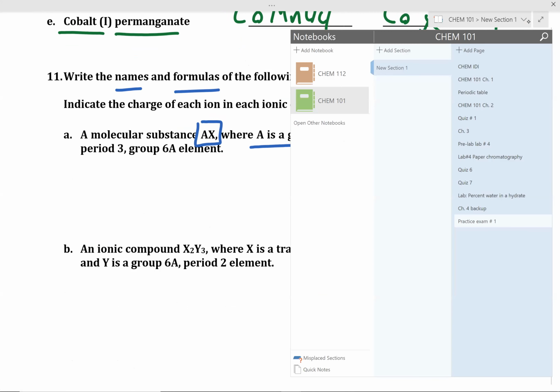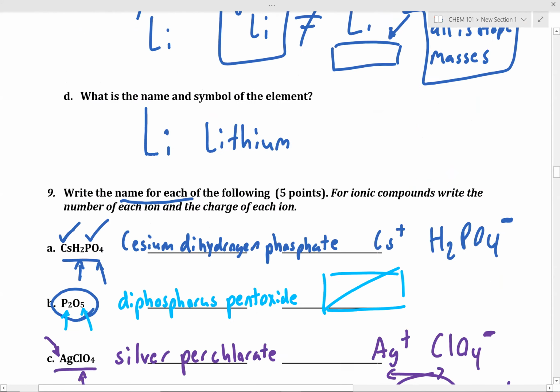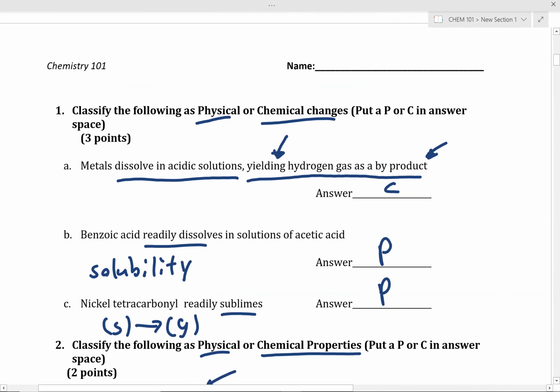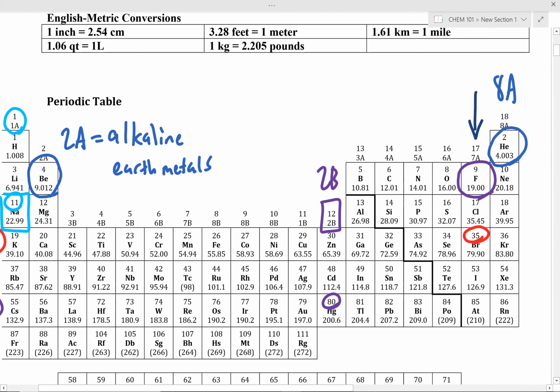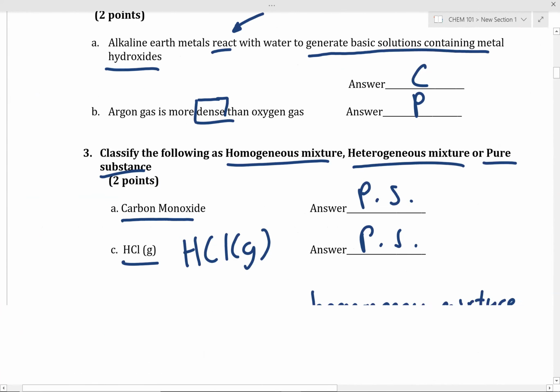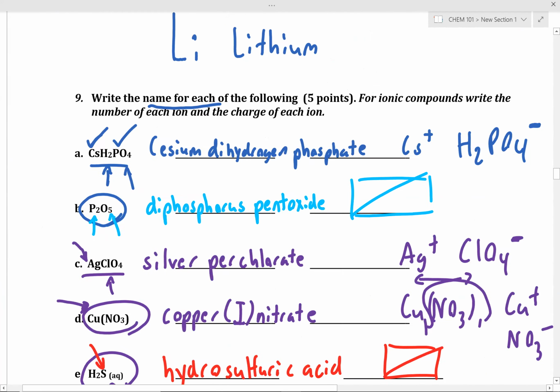If we look in our periodic table, go all the way to the front of this exam, let's find it on our periodic table sheet. Group 4A, period 2. What element is that? Carbon. Exactly. Perfect. So let's zip back down now that we're comfortable with that kind of triangulation.